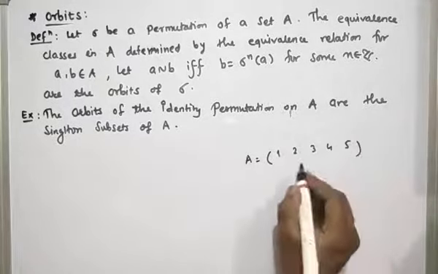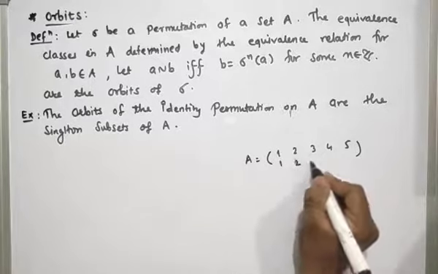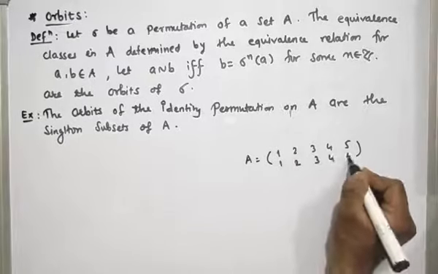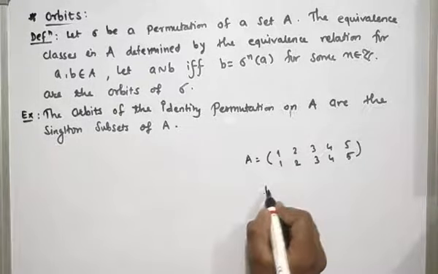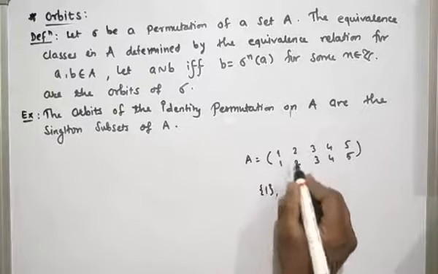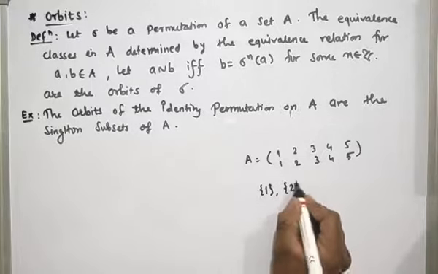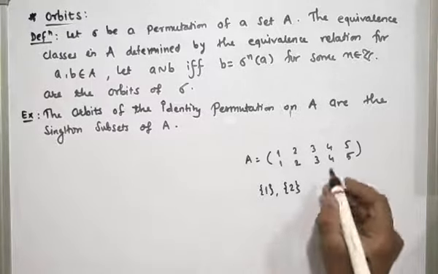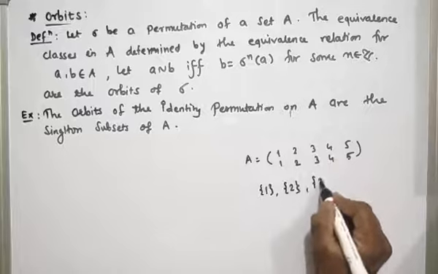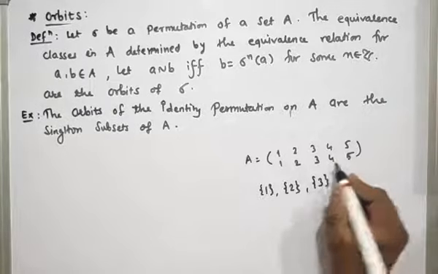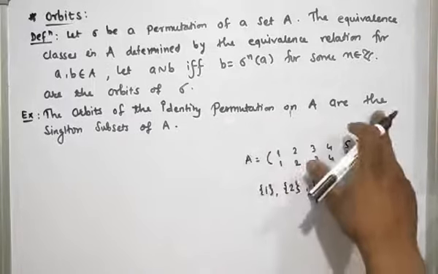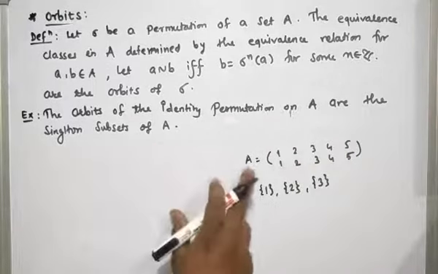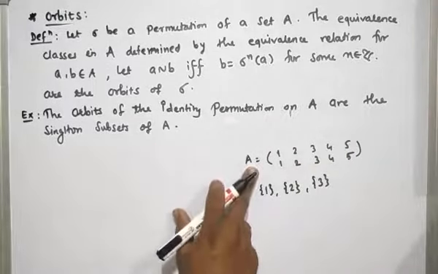If we have 5 symbols, then 1 goes to 1, 2 goes to 2, 3 goes to 3, 4 goes to 4, 5 goes to 5. Let's start from 1. So 1 goes to 1, so we have only a single element. 2 goes to 2, so we have only the single element 2. Here 3 goes to 3, again we have the singleton 3. So the orbits of the identity permutation on A are the singleton subsets of set A, right?